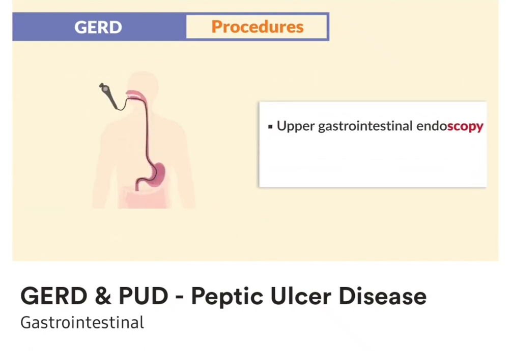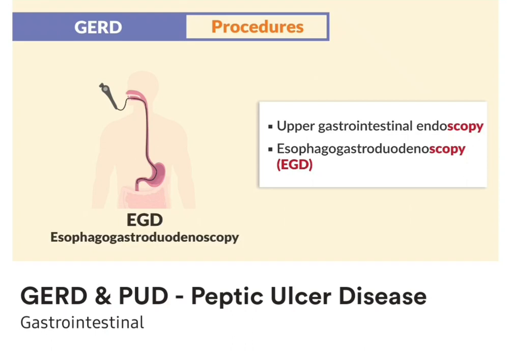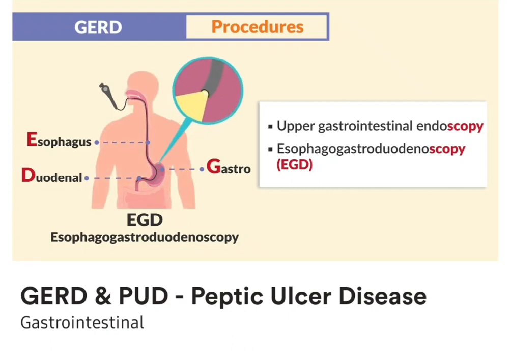Now, if ulcers are suspected, then we can go a little bit deeper with an EGD, an esophagogastroduodenoscopy. Woo, that was a big one. So to break down the word real quick: esophagus, gastro means stomach, duodenal is the small intestine, and endoscopy means a scope, a little video camera to check all those areas out.